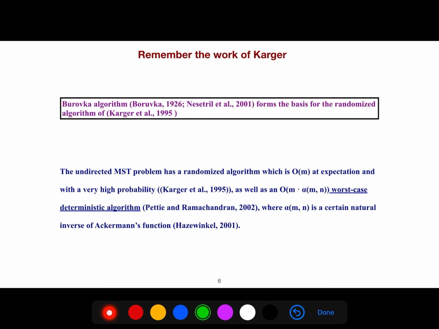So remember the work of Karger, but in order to understand the work of Karger, let's focus on the historical algorithm of Boruvka, because it's the basis of the randomized algorithm of Karger. By the way, I've explained some of the algorithms of Karger in my playlist for approximation algorithms, in the part about randomized algorithms, and they are very interesting. The undirected maximum spanning tree problem has a randomized algorithm of order of m.